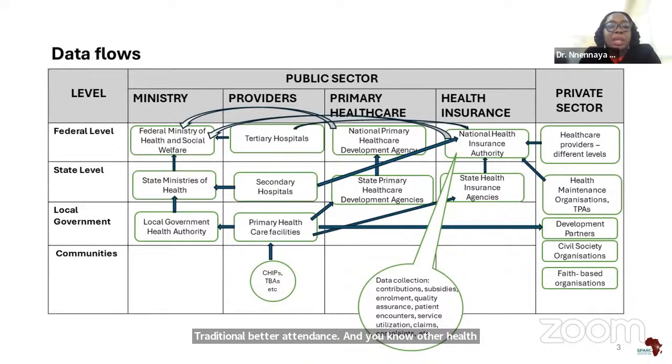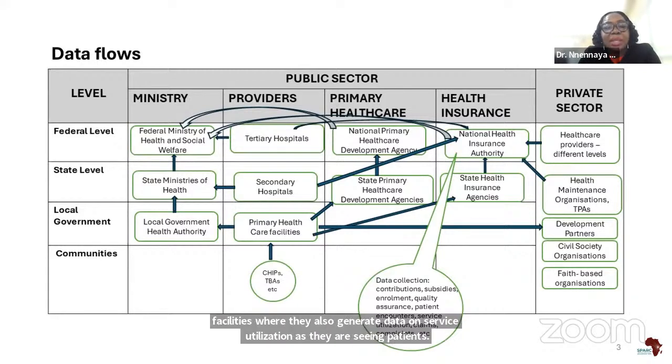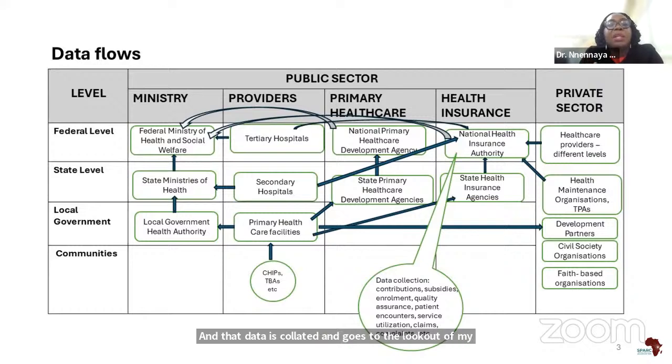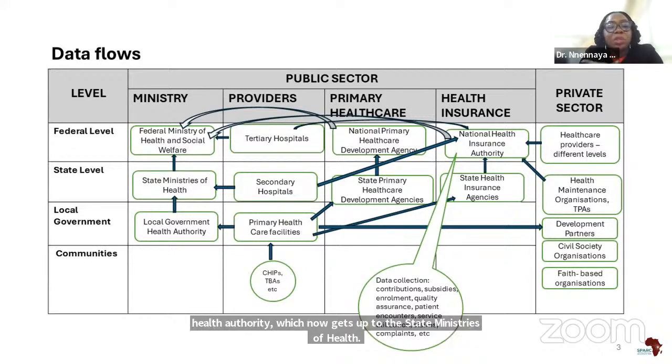And so they attend to people in the communities, and data is generated, and some of it gets to the primary healthcare facilities, where they also generate data on service utilization as they're seeing patients. And that data is collated and goes to the local government health authority, which now gets up to the state ministries of health and also to the Federal Ministry of Health and Social Welfare.